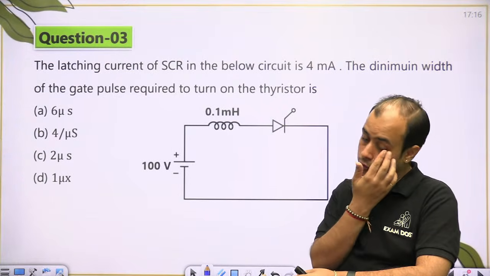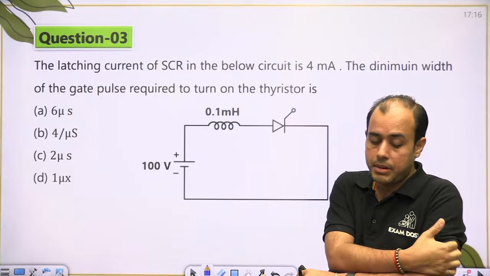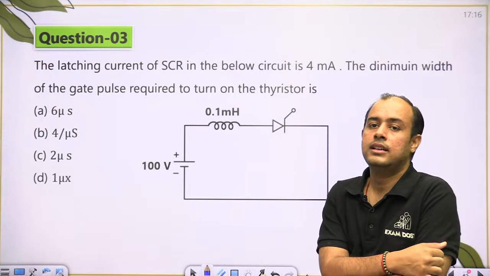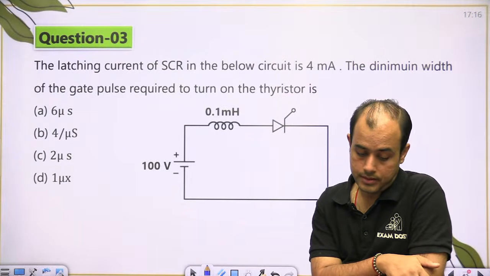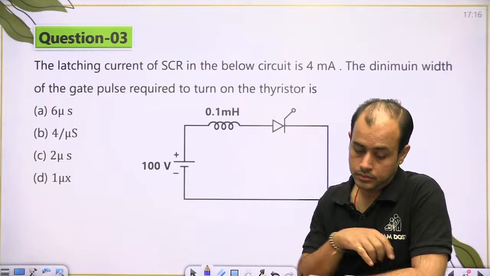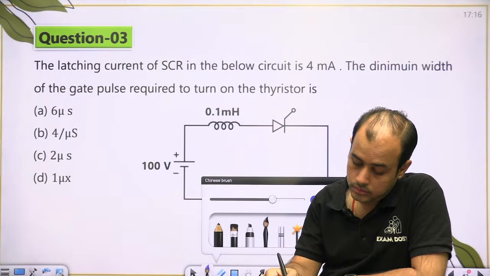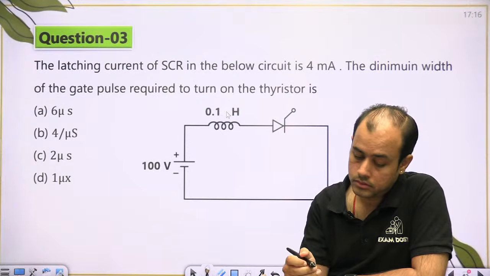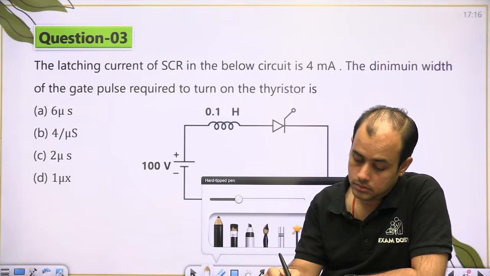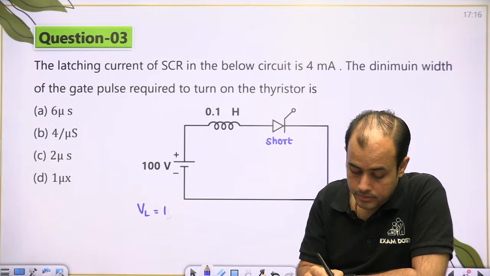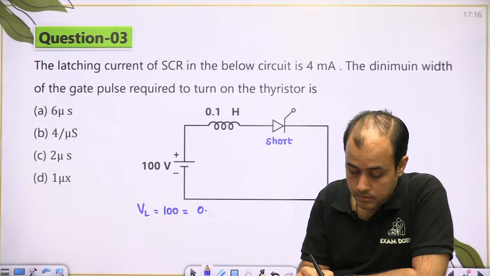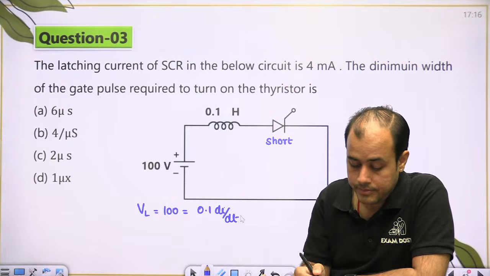The latching current is 4 milliampere. What is the minimum gate pulse width? Consider this as short circuit. 0.1 di by dt.